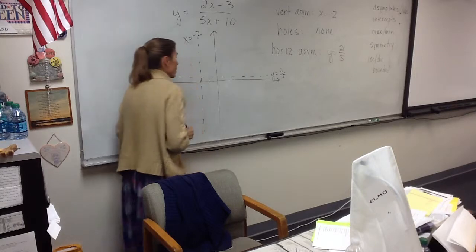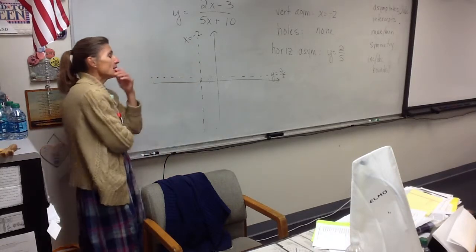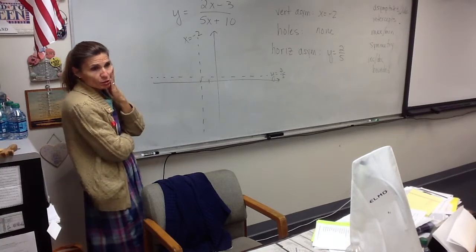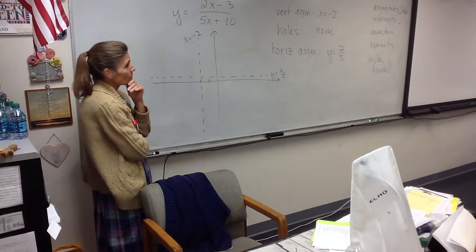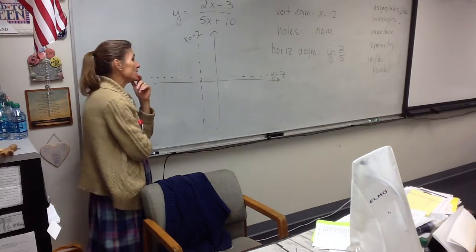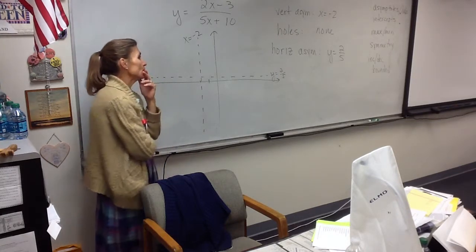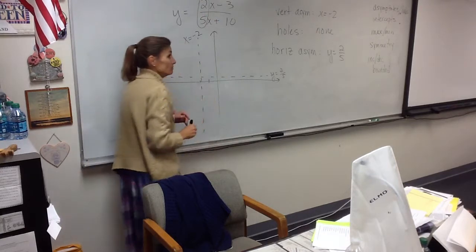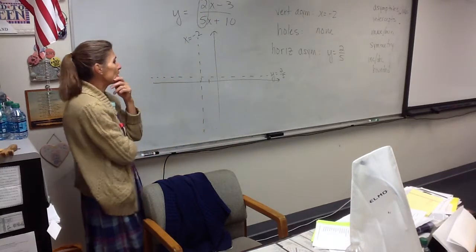I'd like you to look at the problem, and do you have any idea, just a wild guess, where that 2/5 might have come from? Coefficient of each x. And do you have any idea why that is, Andrew? You're exactly right. This is where the 2/5 came from, absolutely.